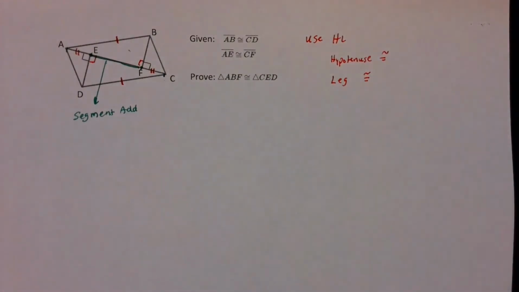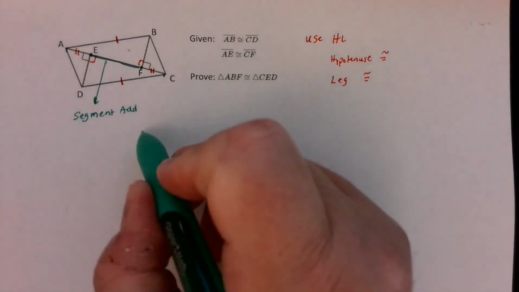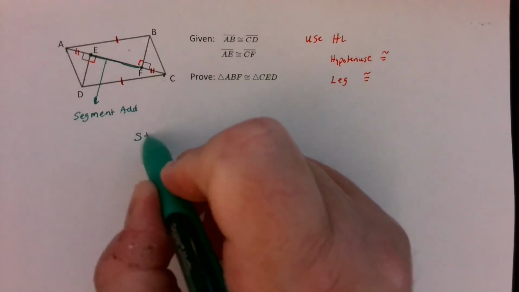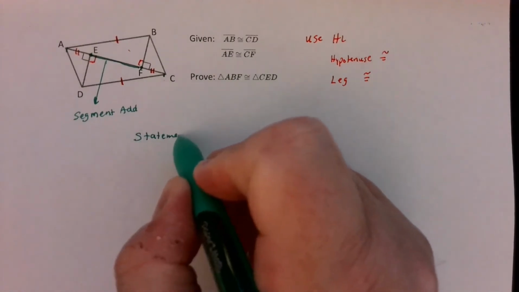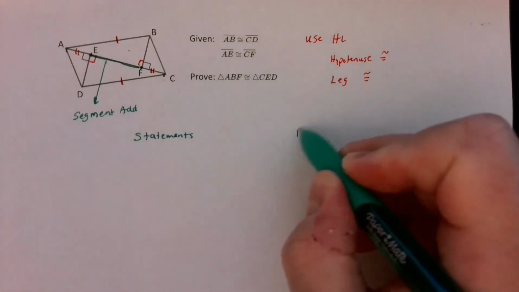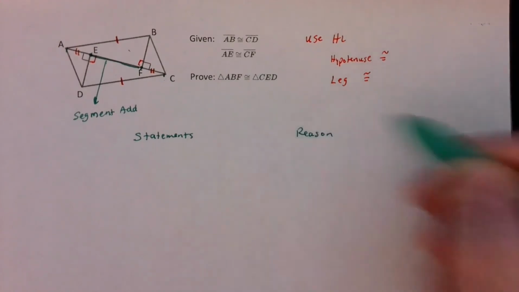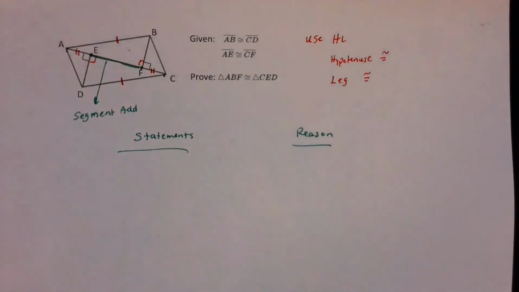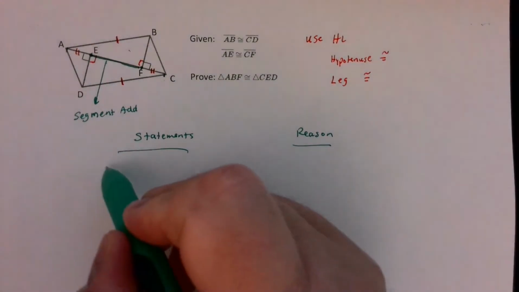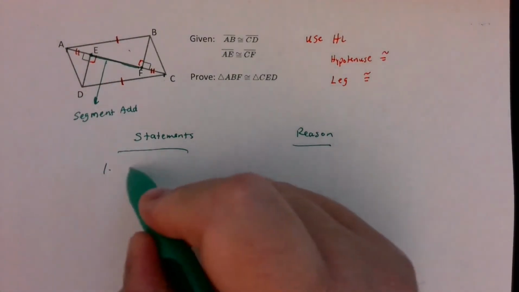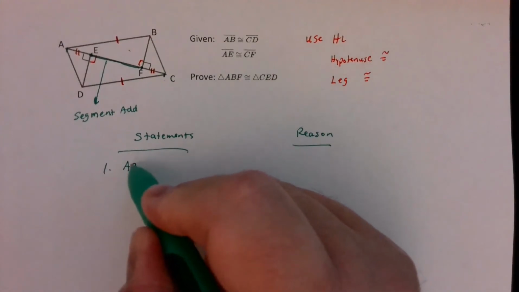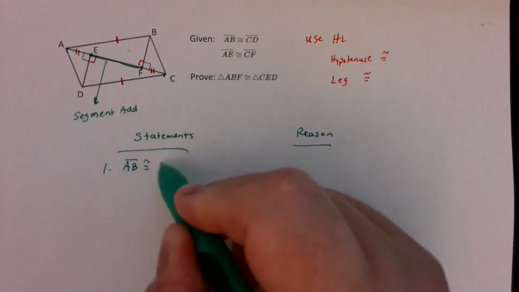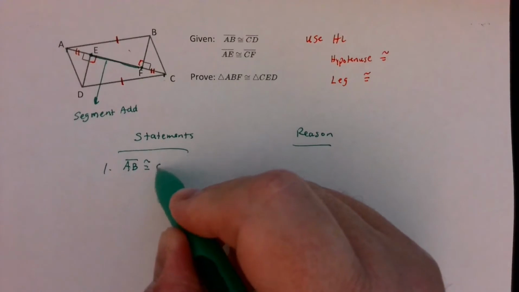So when we start a two-column proof, we're going to do some statements and reasons. Okay, so I got my statement, I got my reason. And so I'm going to start off always with a given. So my first given is that AB is congruent to segment CD.